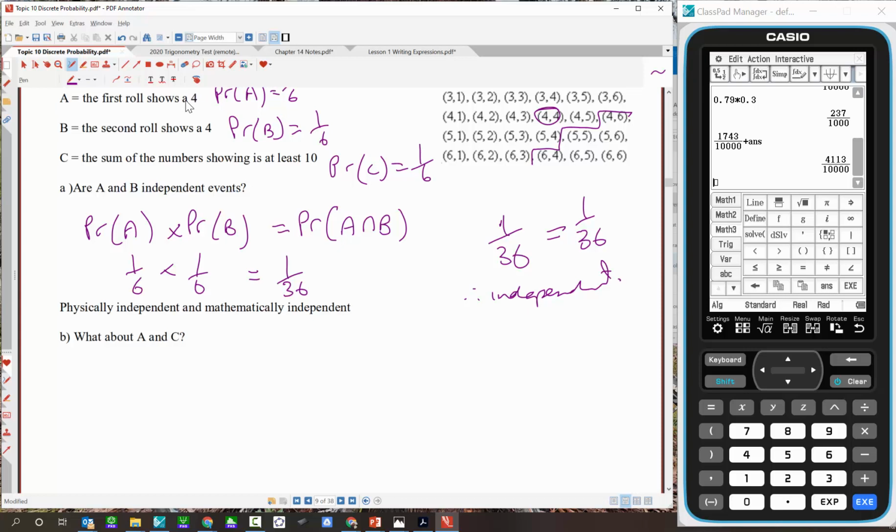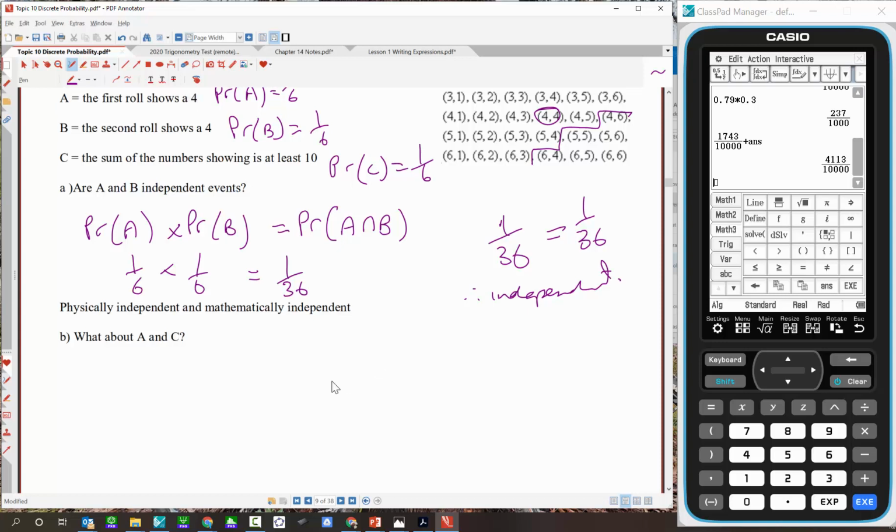I bet you would say, yeah, I probably would, because if it's a 4, 4 is pretty high, so the sum being at least 10 is, yeah. So I would say that there's some dependence between these. Getting at least a 10 would be impacted by the first roll being 4.